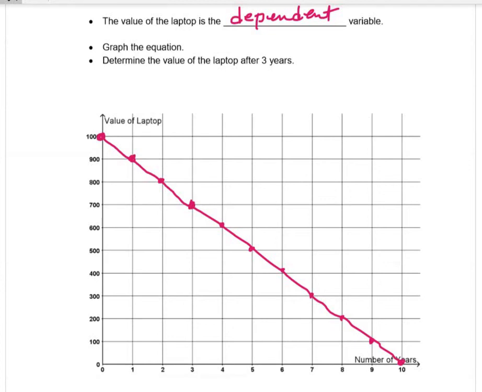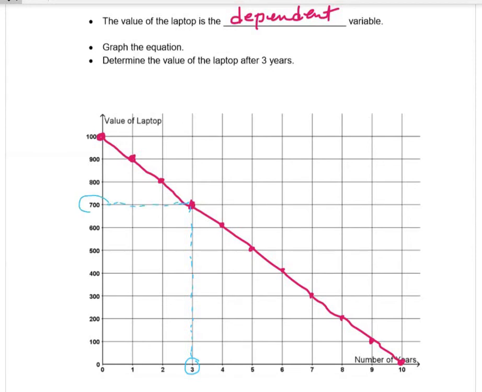The last part of this problem asks us to determine the value of the laptop after 3 years. There's a couple of different ways that I can figure out the answer to this. One way is by using my graph. Let's look at this value right here. After 3 years, I can go up to my graph and then go over to the left.